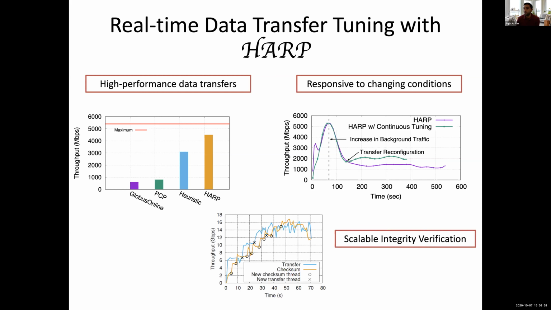Integrity verification is something you want to make sure that your files are not corrupted when you are transferring them, and that can significantly impact the throughput of your transfer. HARP also supports integrity verification that can be dynamic. Basically, it can utilize more cores in order to make sure that the speed of the integrity verification matches the speed of the transfer.